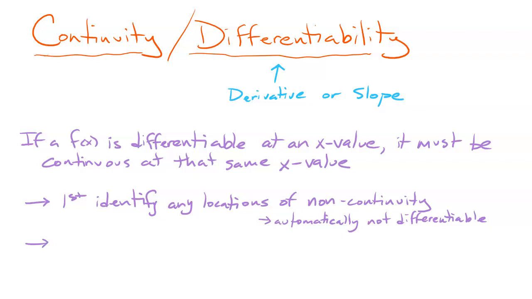Next, there are other situations where a graph is continuous, but you can't find slope.